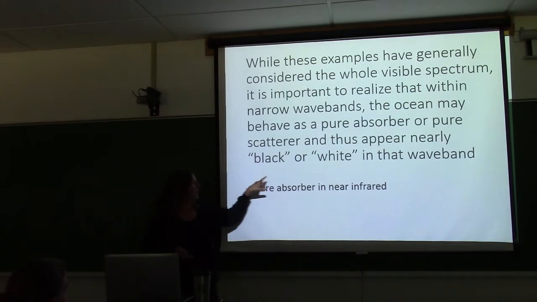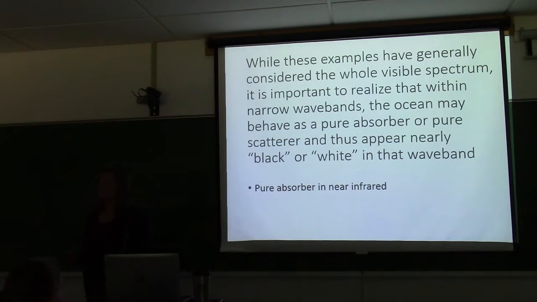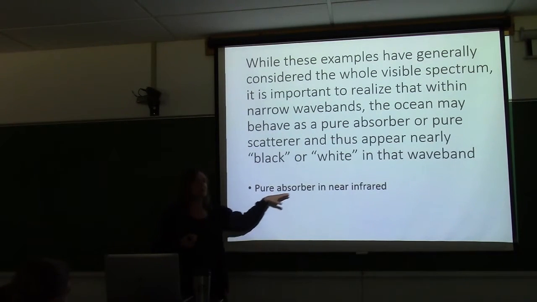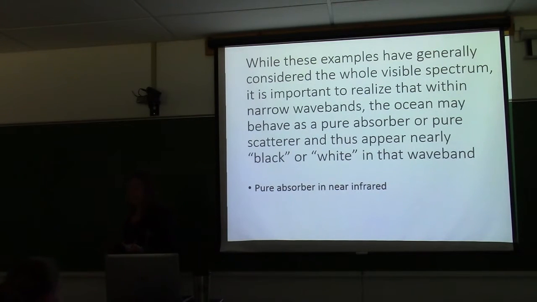The ocean looks like a pure absorber in the infrared because water absorption is so strong that we don't get any infrared light back out, and so it looks black in the infrared. We begin to use that when we think of remote sensing. Sometimes we pick those wavelengths on purpose because then we know that the ocean isn't actually emitting any light. And that becomes a very useful tool for us.